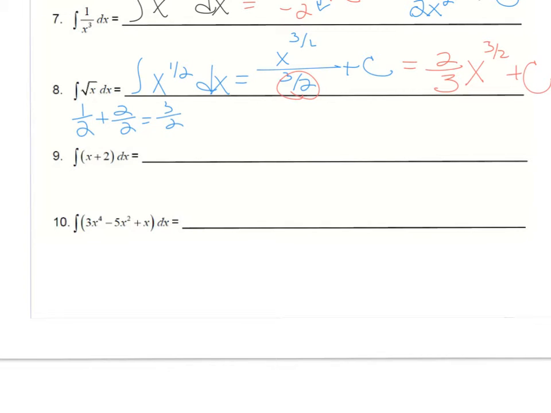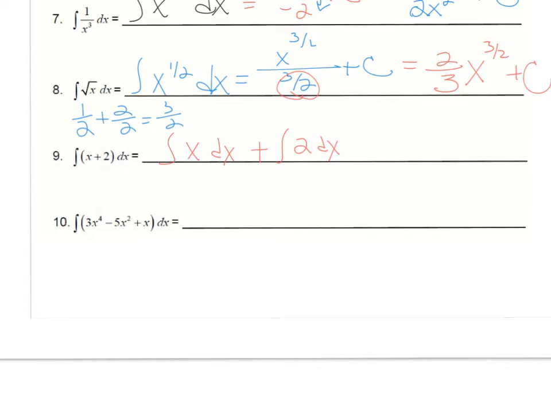Now for number 9 and 10, these are using the simple power rule, but with the sum and difference. What it's saying is, and we don't have to write this every time, you're going to do the antiderivative of x plus the antiderivative of 2. It works like that with any polynomial. Instead of separating it, we could just go down the term and take the antiderivative each time.